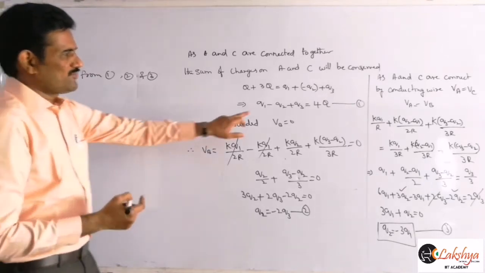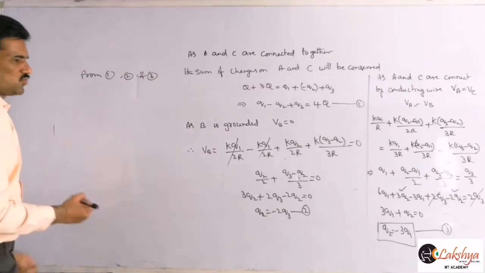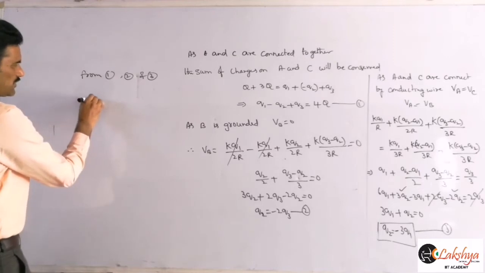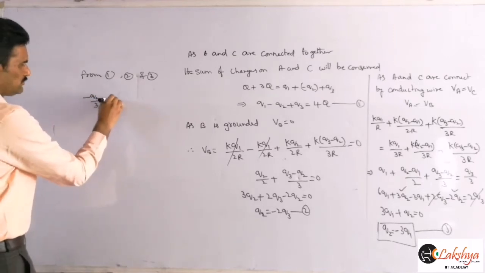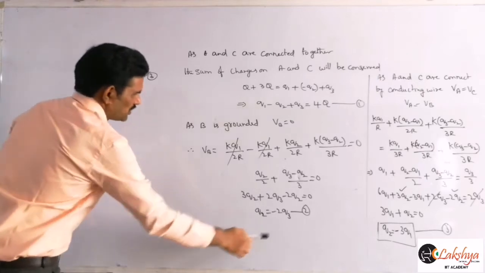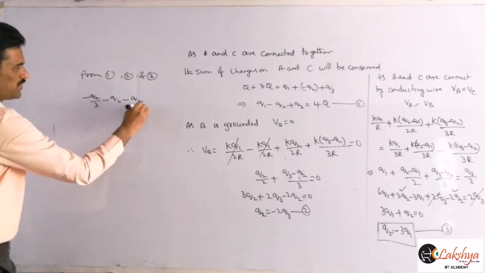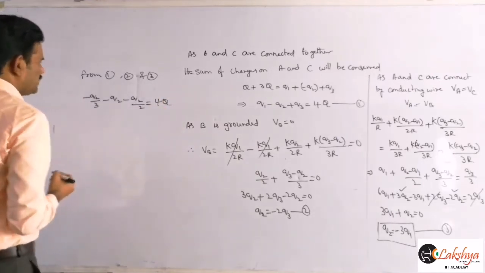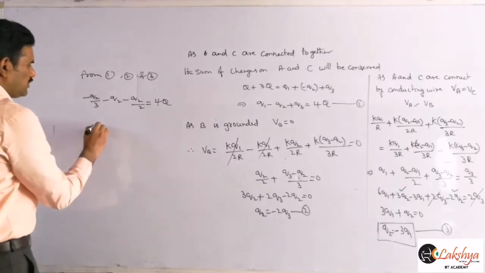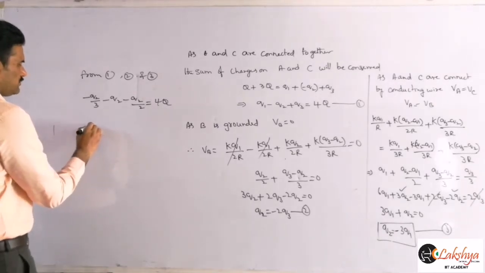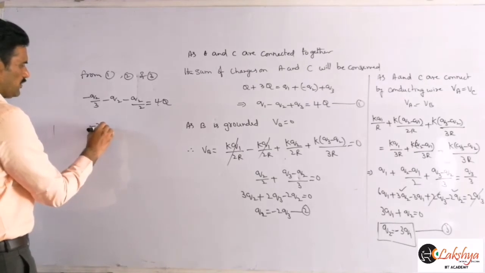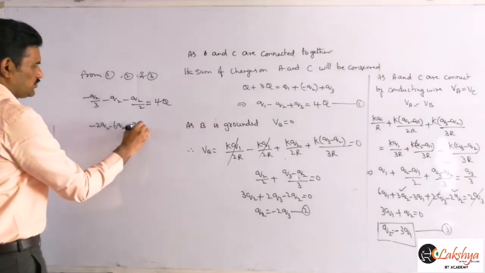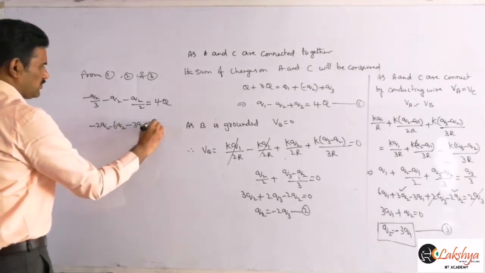Then this Q1 we can write by using this equation, so the Q1 value is minus Q2 by 3, and this Q3 value I can write from this as minus Q2 by 2. This is equal to 4Q, right? Then take the LCM and simplify this. So I can write this as minus 2Q2 minus 6Q2 minus 3Q2 is equal to 24Q.